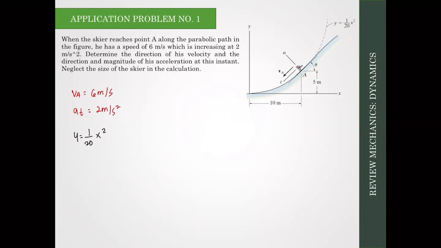Okay? So, alam natin na pag kinuha natin yung first derivative niyan, ano makuha natin? Yung velocity y natin. Okay? So, y dot natin will be equals to 1 over 20 times 2x, no?